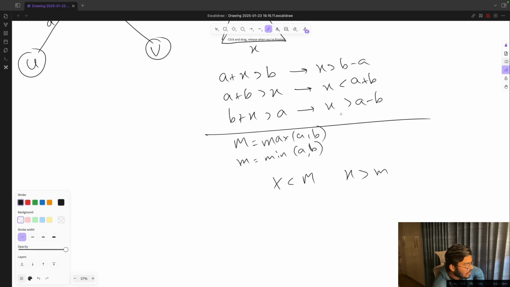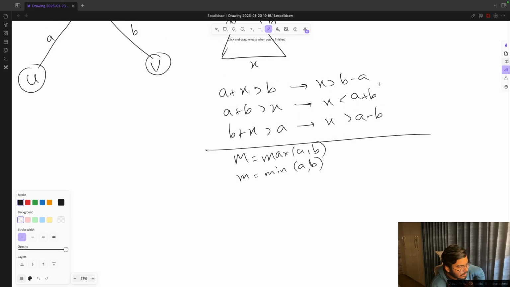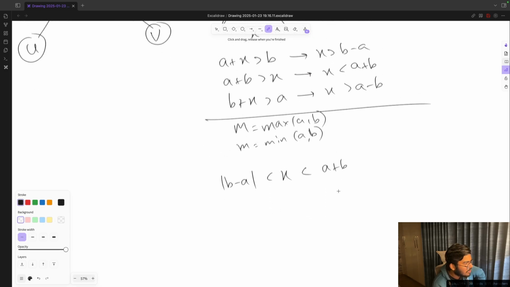Not exactly. Wait, let me think about this. Okay, so if we have this, what can we do about it? X is greater than B minus A, and it is less than A plus B, right? So let's try to put the values.